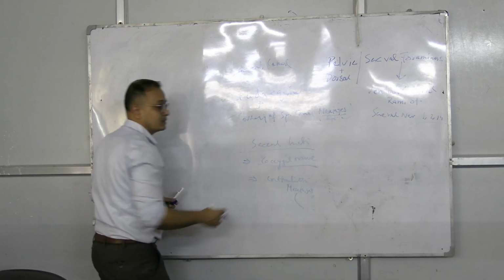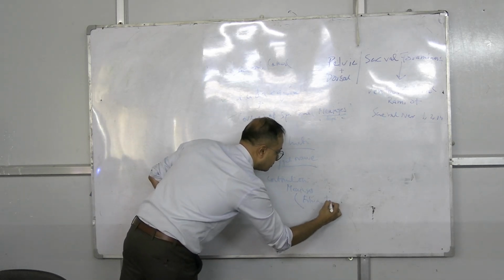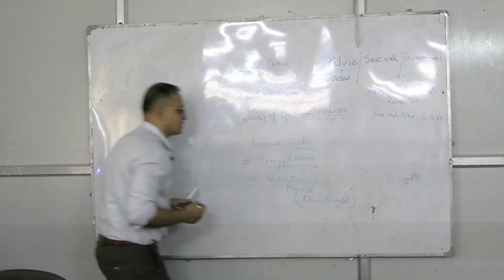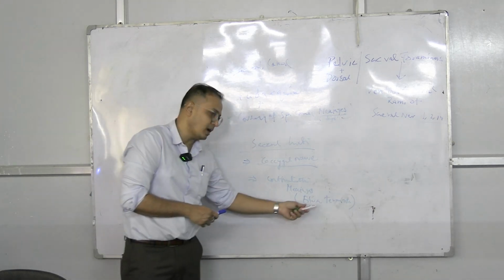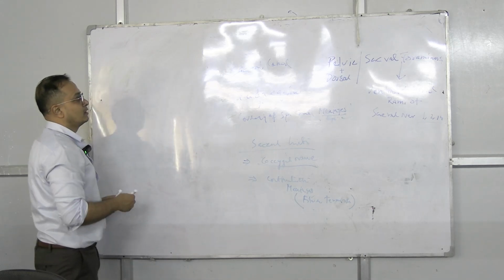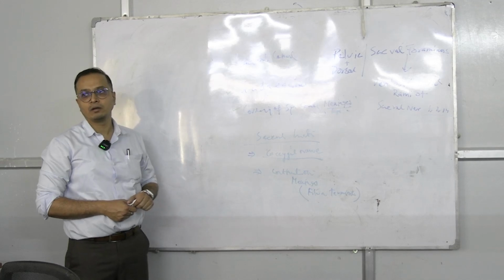We call these continuations of meninges the filum terminale. So, if you can remember this particular continuation of the meninges as filum terminale, that gets out of this. So, these foramens transmit all these structures, that you have to keep in mind.